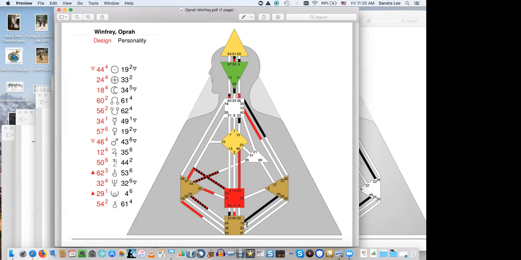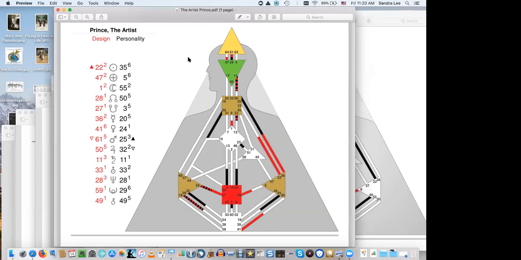She really wants to make a difference for people, contribute to people through the awareness that she helps the world to have. Right? So she helps everyone become more sensitive to the things that are going on in our lives and in the world. Okay? So that's Oprah.